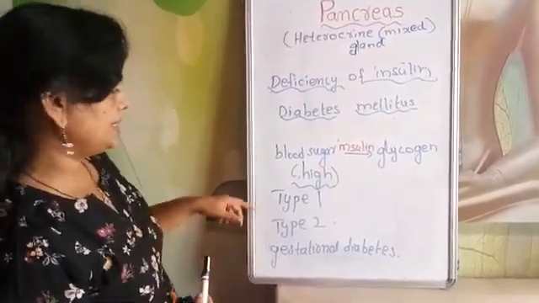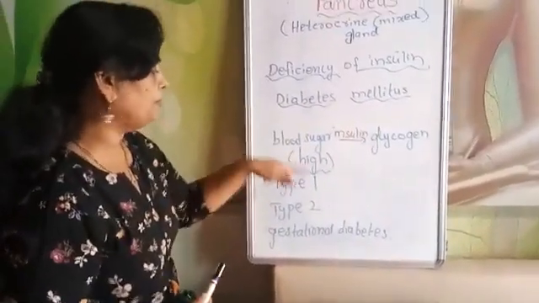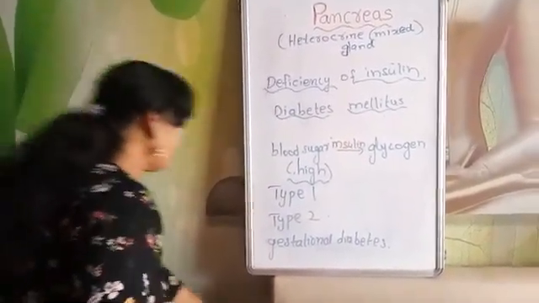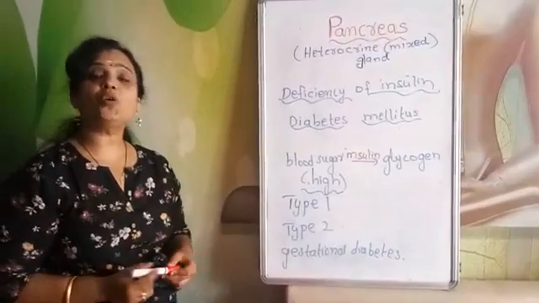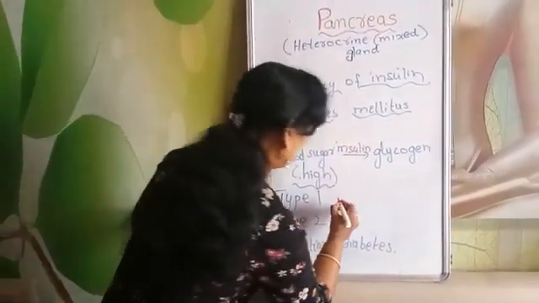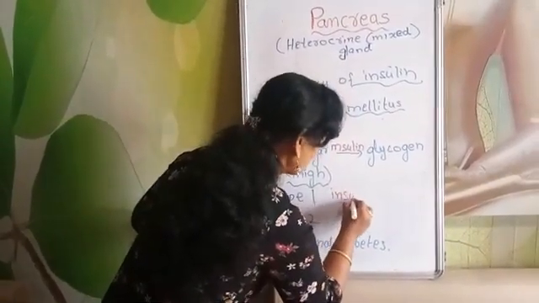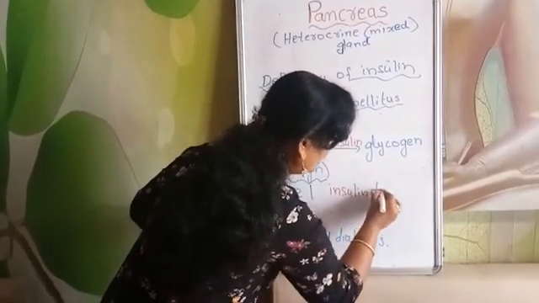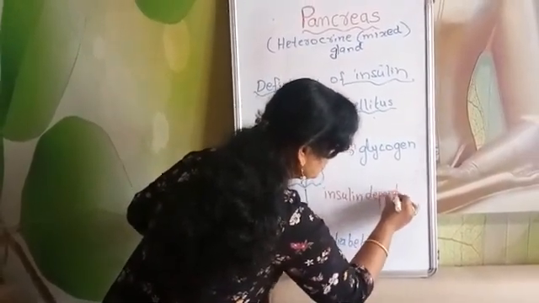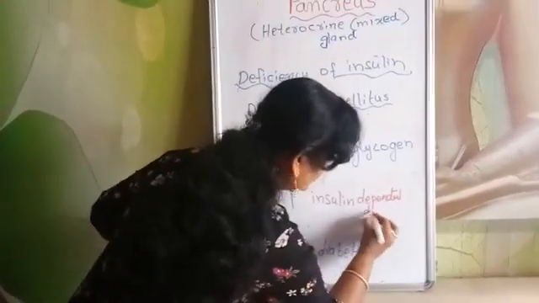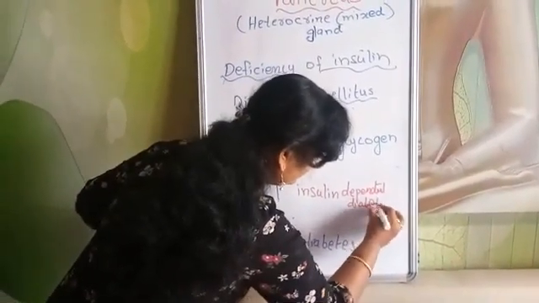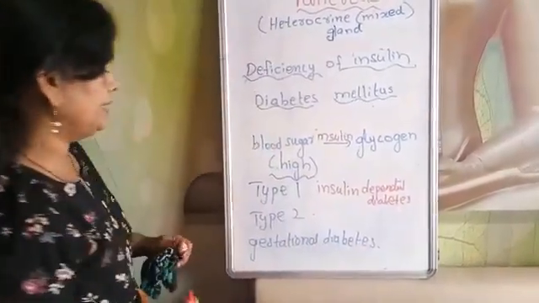Now let us see what type 1 diabetes is. Type 1 diabetes is also called insulin dependent diabetes. What do we mean by that?